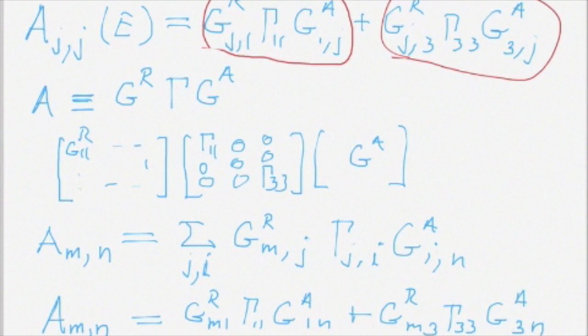Usually you don't need the off-diagonal elements of the spectral function. Usually you just need the diagonal elements, but it's the general form for any M and N, at least when gamma only exists on the corner due to the injection from the leads.